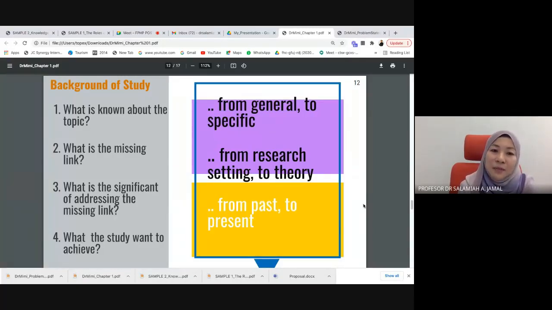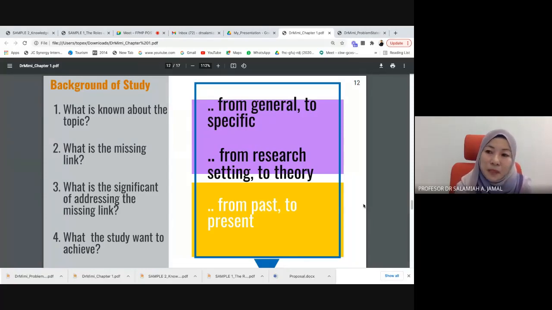And point number 4 is what the study wants to achieve, basically the general aims of the study. These 4 points should guide you to write the background of your study.